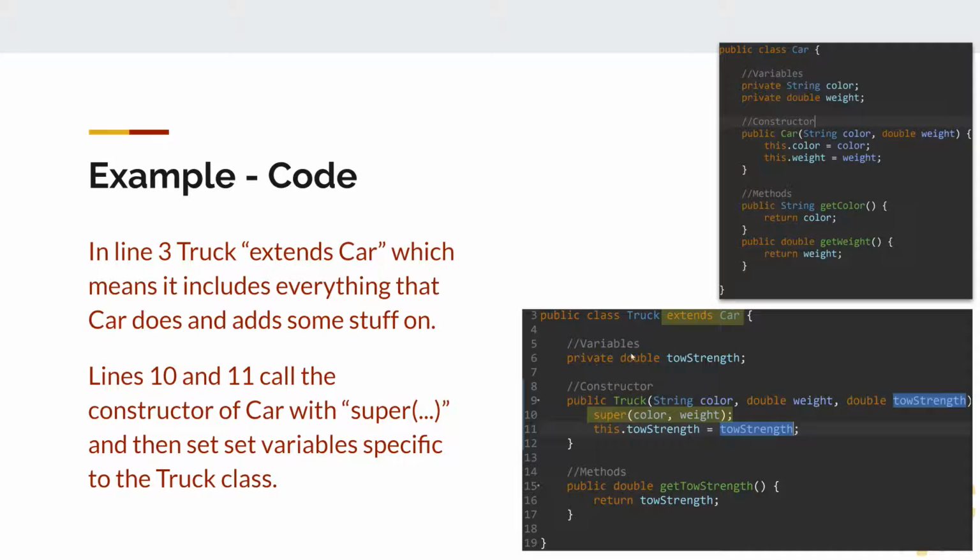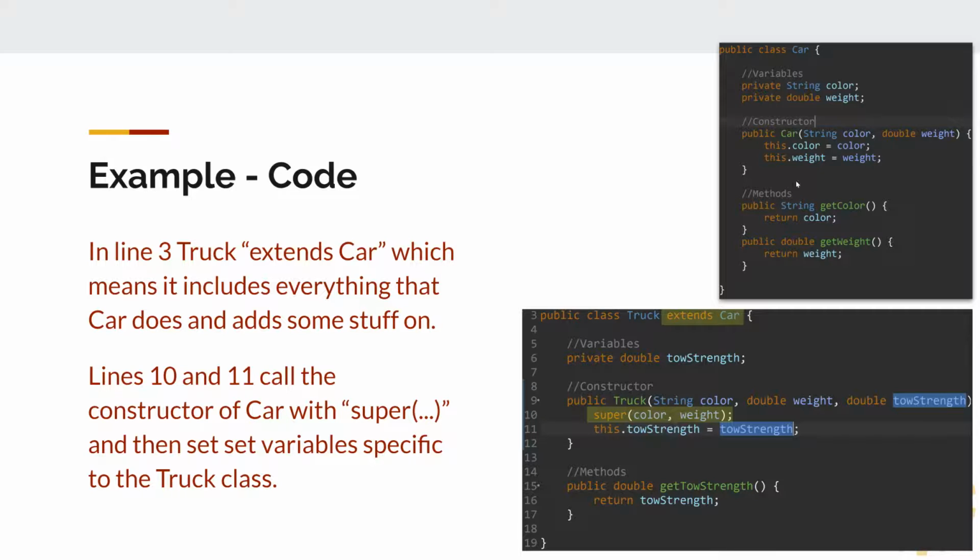But then if you notice here, we also can add our own variables that are specific to truck but not to car, like tow strength. Now when you have a constructor for truck, you still have to input the variables color, weight for the car, and tow strength. But if you notice here, what this method does is it calls this constructor.